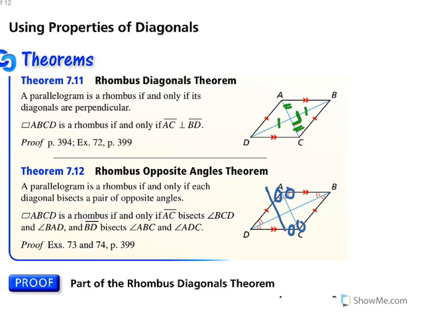So we see here that we have 4 total congruent angles. And if we look at D, we have 2 congruent, B is 2 congruent, and now you can see that we actually have 4 congruent angles right here. Okay, so just know that a rhombus bisects its opposite angles.